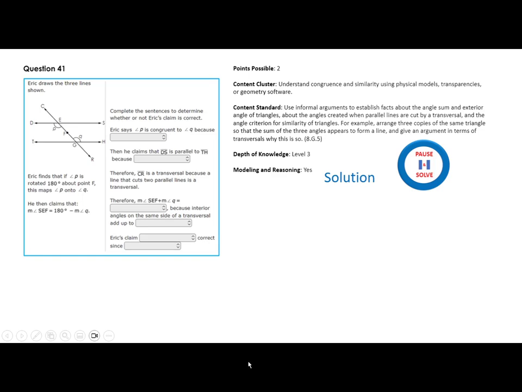This question is kind of long. It has 2 points. Level 3. Eric draws these 3 lines.